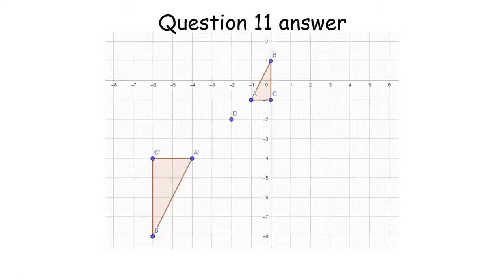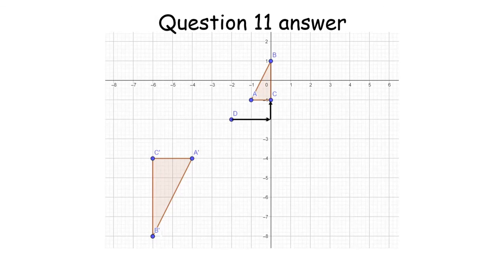Question 11. If you notice, the image is behind the centre of enlargement. So it took 1 square and 1 up to get to the A on the object, but we're going in an opposite direction to get to the A dash, and we're going 2 along and 2 down to get to the A dash. Same with the B. It took 2 along and 3 up to get to B, but it took in the opposite direction 4 along and 6 down to get to the B dash.